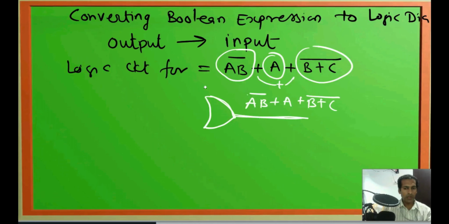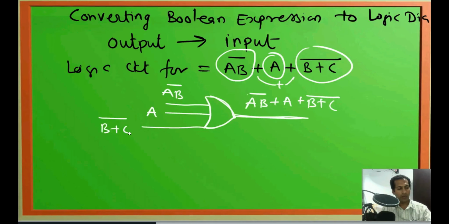One input is AB bar, the second input is coming directly from A, and the third input is coming from B plus C bar. One by one we can add what is required. Now we will focus on where we are getting this AB bar from.